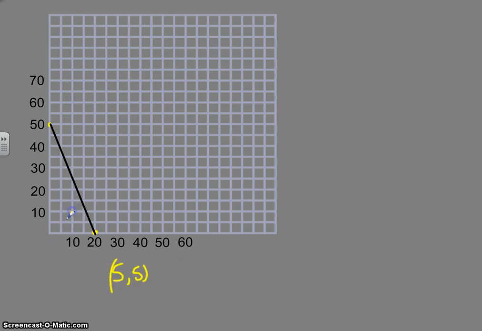I can use 10 and 10 because that's right here. 10 bowls, 10 vases. I can actually use 5 and 20. So any points underneath that line or any point on that line will make that equation true. And that is a standard word problem that you're going to have today. And that is it.